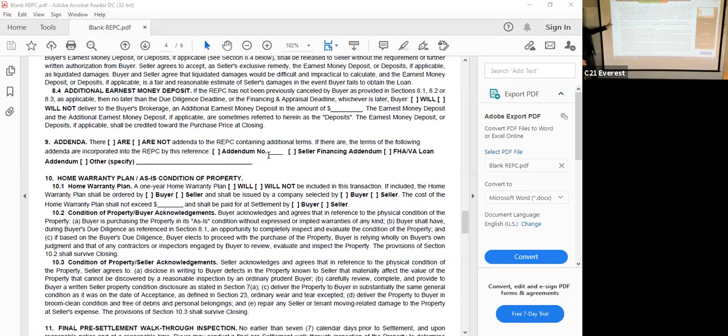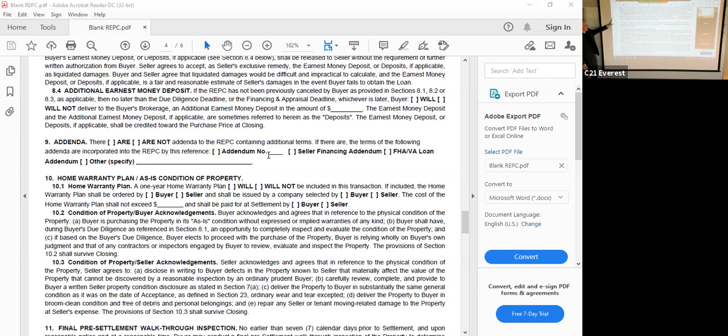Remember, the addendum is part of the offer. That is the entire offer. So many times I'll see people, because they're okay with the terms of the REPC, they accept the REPC, but they counter the FHA addendum. And that is incorrect. You either accept the entire offer, you counter the entire offer, or you're rejecting the entire offer. It's not bits and pieces.